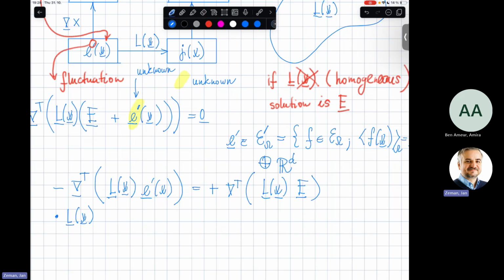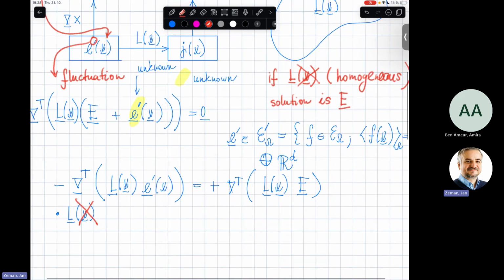Imagine for a moment that there is no x dependence. So this L is constant, right? What this means is that on the right-hand side, I will have divergence of the constant matrix times E, where this L is just the square matrix and this capital E is actually a column of D variables. So this is constant. So no matter what I do, this would be 0 on the right-hand side.